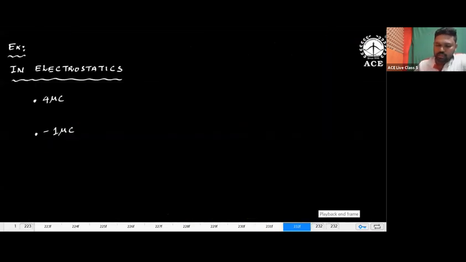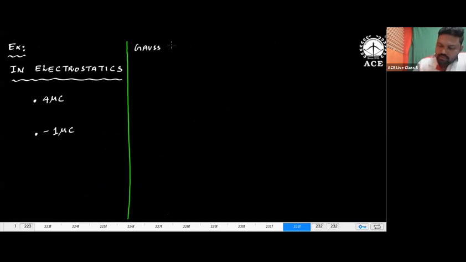So that is called, let me write it down, Gauss law for magnetic field. B is in Weber per meter square.